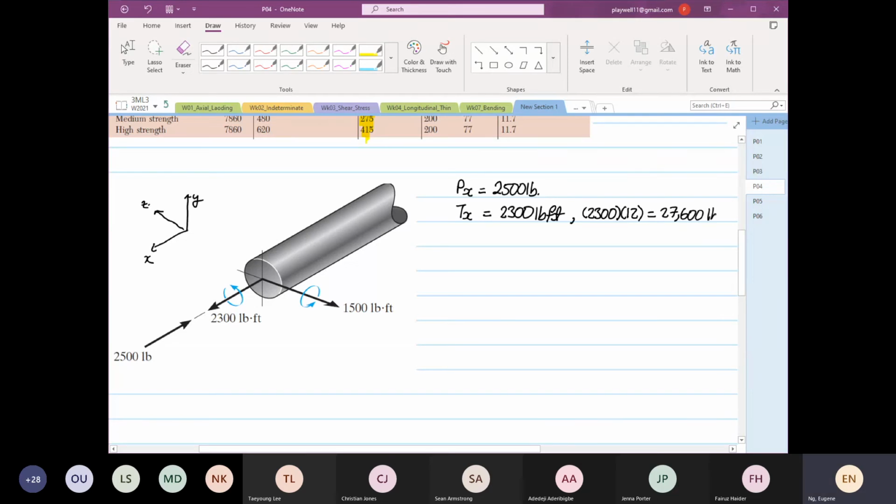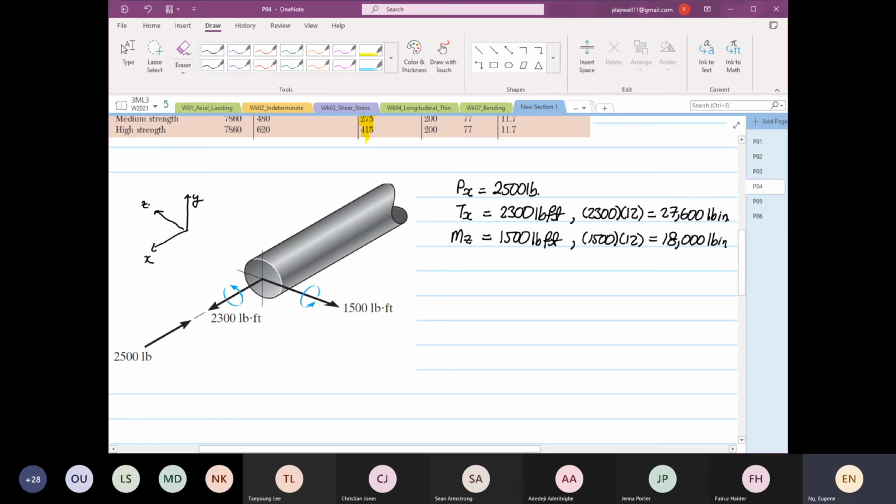So this is equal to 27,600 pound-inch. And then we have our moment in Z. This will be equal to 1,500 pound-feet. So it's equal to 1,500 multiplied by 12, which is equal to 18,000 pound-inch.